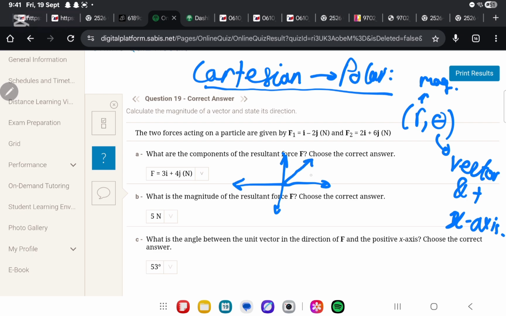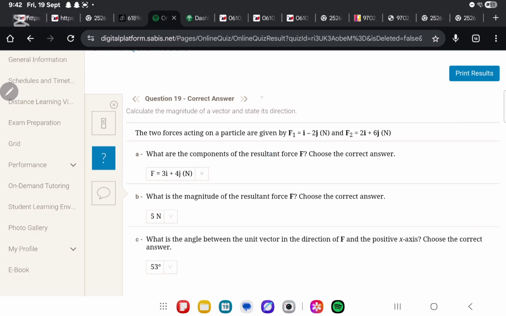So this here would be 3, this here would be 4. So it's going to be tan inverse of 4 over 3. Okay, remember it's y over x. So tan inverse of 4 over 3, 53.1 degrees, rounds to 53 degrees. And this is your final answer.